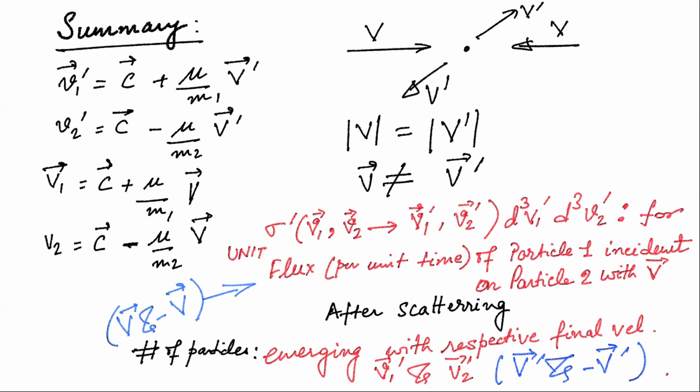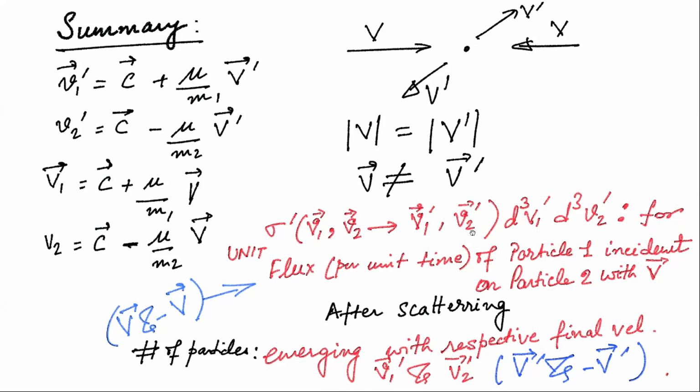So with this, what we want to calculate is the scattering cross section. If v1 and v2 collide and go into v1 dash and v2 dash, two particles are colliding, but depending upon the impact parameter, that is the distance of closest approach, the values of v1 dash and v2 dash would be different.